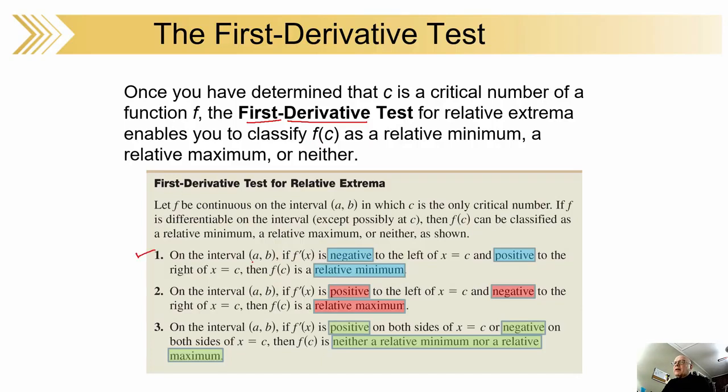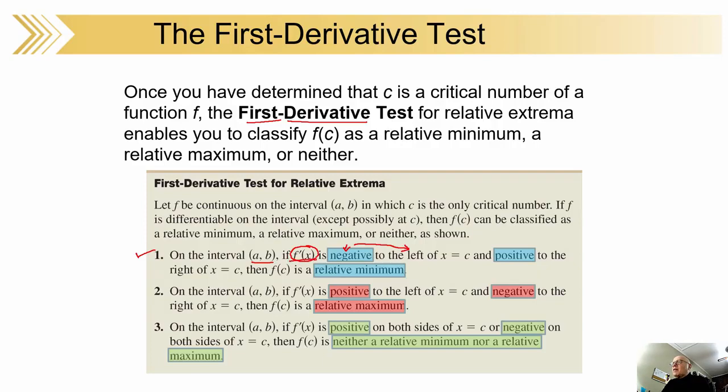We're talking about an interval from x equals a to x equals b, so it might be like 7 to 19, 0 to 5, whatever. If your derivative is negative on the left, these two go together.